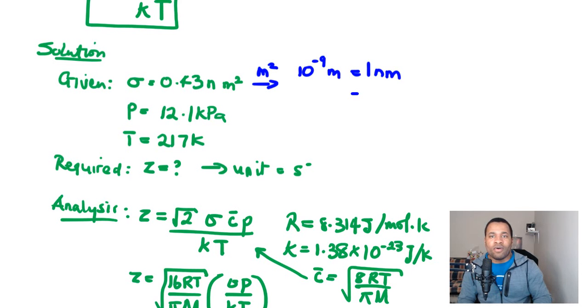Therefore, for 1 nanometer squared, we have to square this, which means that we're going to have 10 to the power of -18 meter squared.